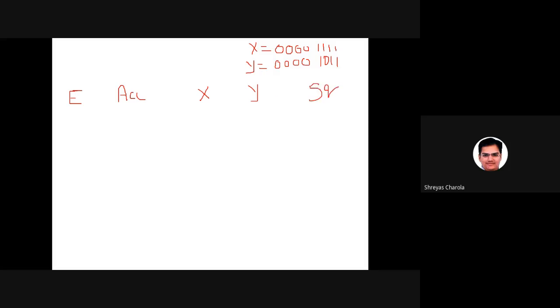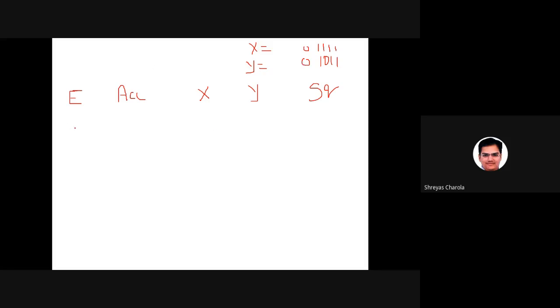Now instead of this many bits, let me reduce it to 5 bits. I'm putting 1 0 over here, so it will give a much better idea.